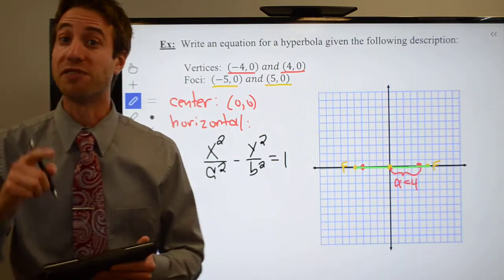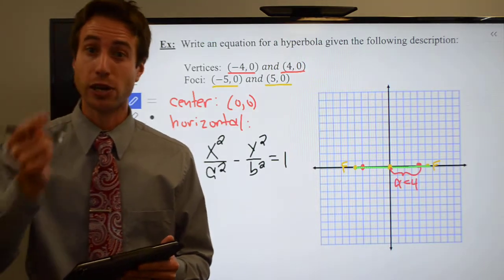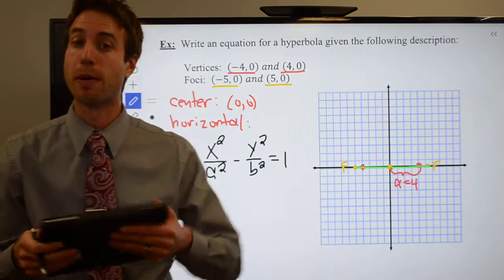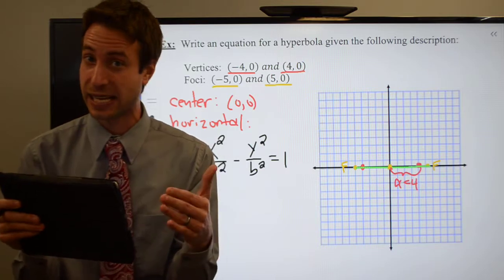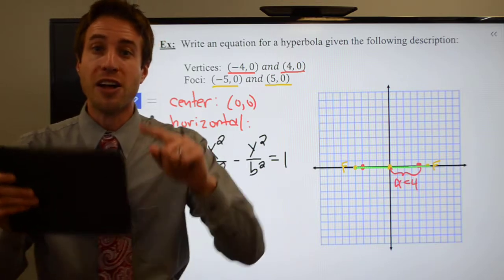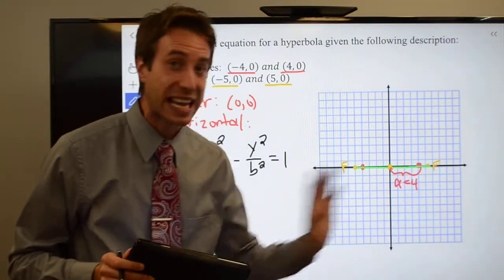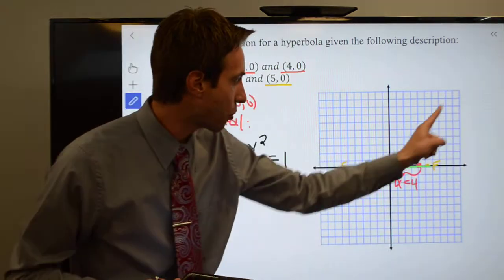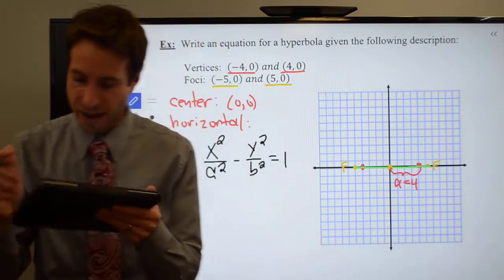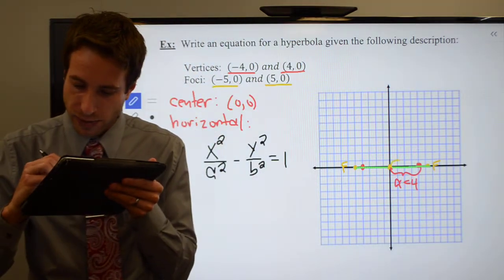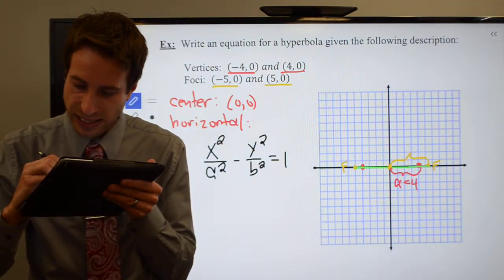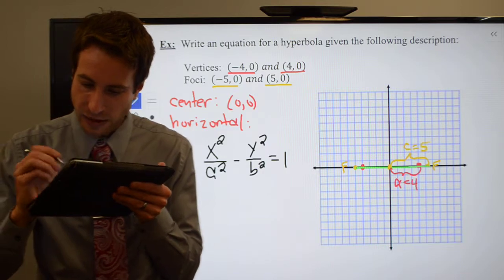The value of c is the distance from the center to the foci, which in this case, remember with ellipses, the foci were always inside the ellipse. Now with hyperbola, the branches have to wrap around the foci. So that's why now the foci is outside of the vertice, right? Because that branch is going to wrap around that foci. So the distance from the center to the foci is c, and in this case that is 5.